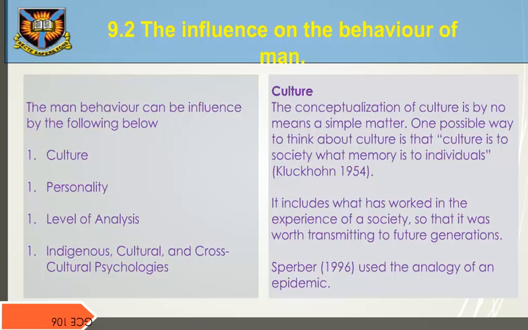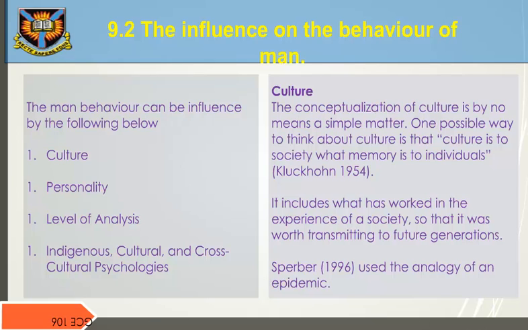Culture. The conceptualization of culture is by no means a simple matter. One possible way to think about culture is that culture is to society what memory is to individuals. It includes what has worked in the experience of a society so that it was worth transmitting to future generations.